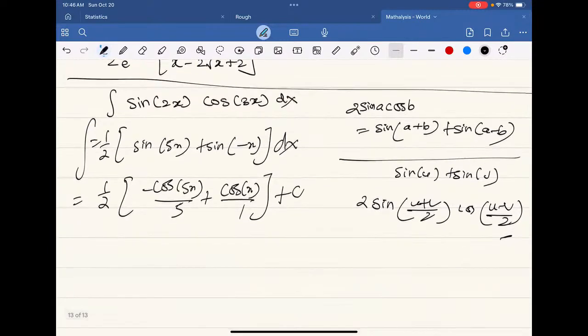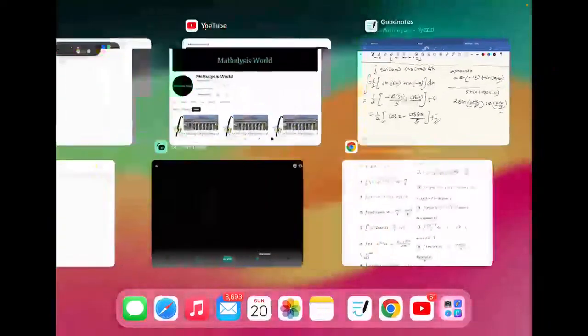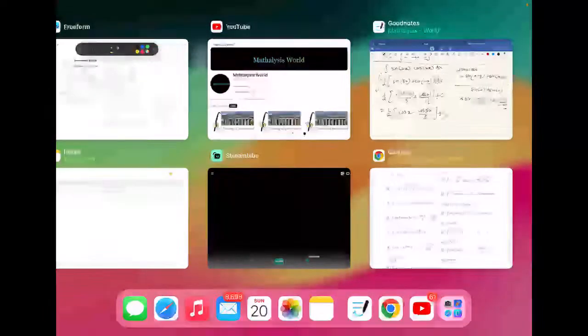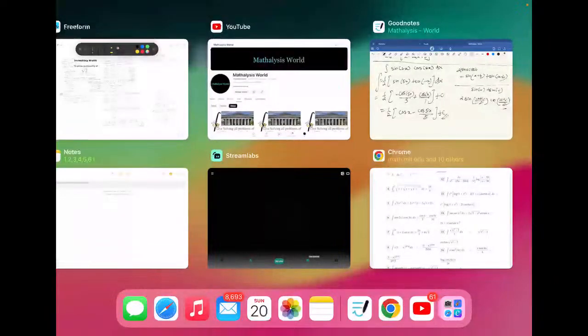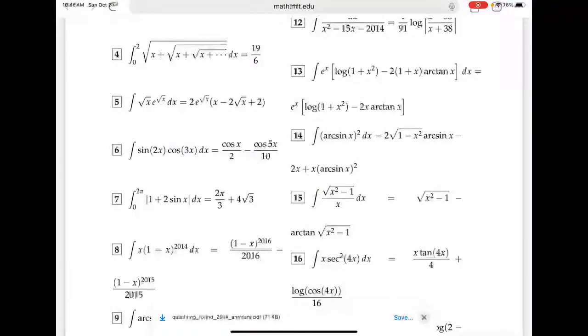So the answer is half of cos x minus cos 5x over 5 plus c. Those of you, 3 of you who are watching, I think you have got the same answer, right? Yeah, I think it's the same answer, it's just multiplied by 2. We can take a half common, and cos x minus cos 5x over 5 is the same answer.